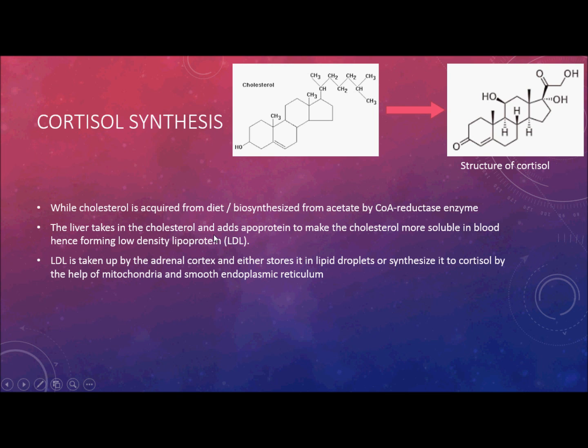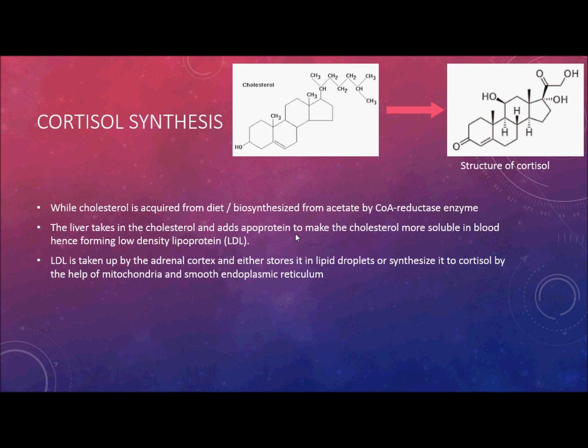Now, regarding cholesterol uptake from our diet, cholesterol is partially insoluble in blood, and hence the liver must make apoproteins and make a large complex of lipids and proteins called low-density lipoproteins.